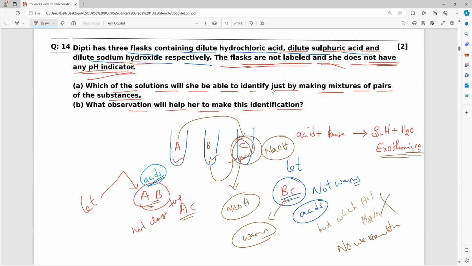So by mixing any two, out of three I can identify only one. What is that? Sodium hydroxide, because it is the base. The remaining two are acids, which exactly we cannot identify.